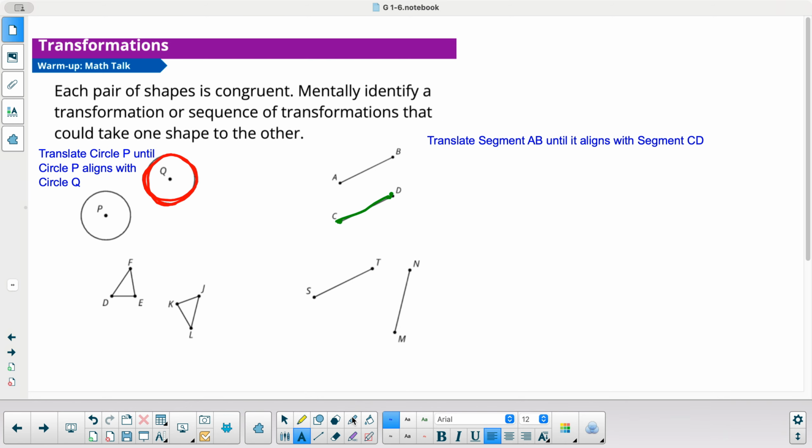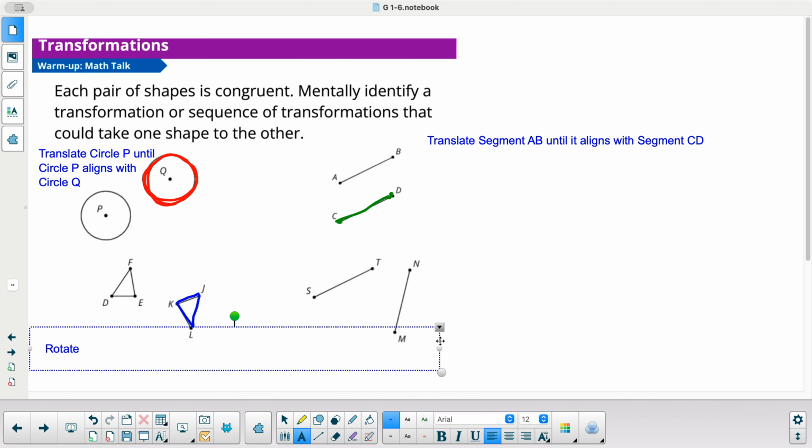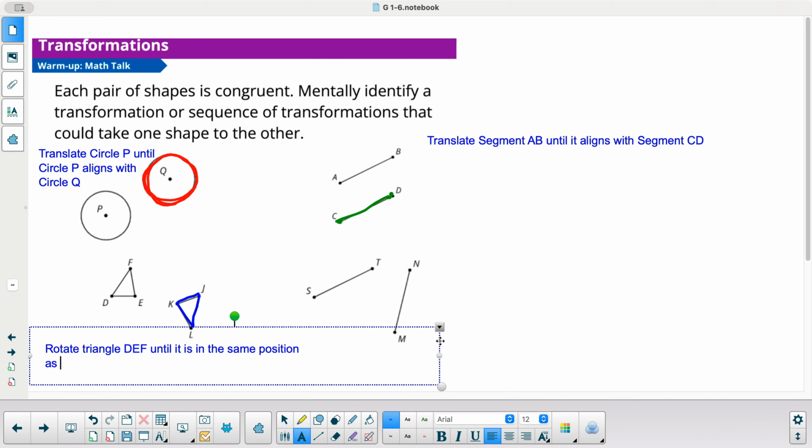Now this one here is a little harder here. So I got to get this thing turned first. So I'm going to rotate it and then translate it. So I'm going to rotate triangle DEF until it is in the same position as triangle JLK.